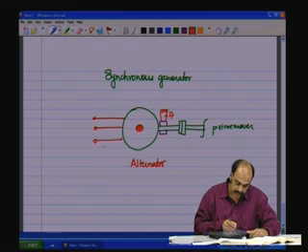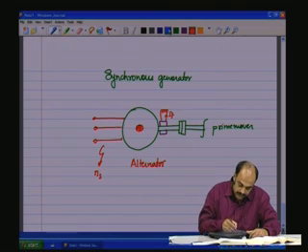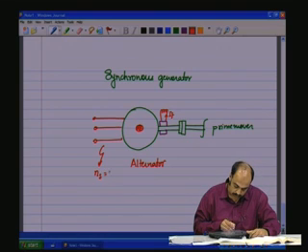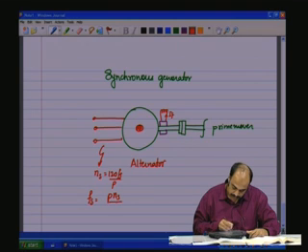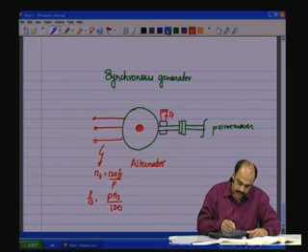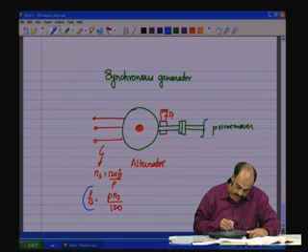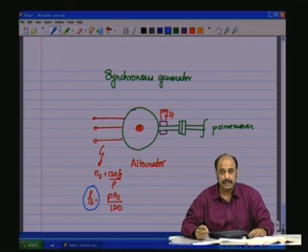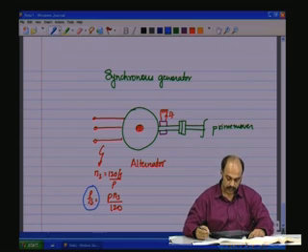And the frequency of the wave shape here is always tied to Ns. Ns is equal to 120 Fs by P, and therefore Fs is equal to P into Ns by 120. So the frequency of the supply here is always equal to Fs, which is PNs by 120.